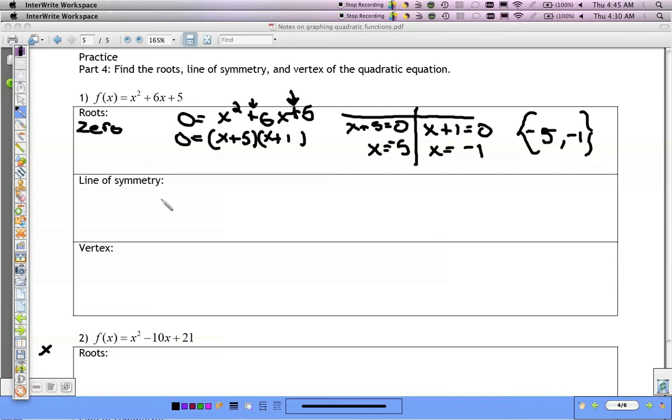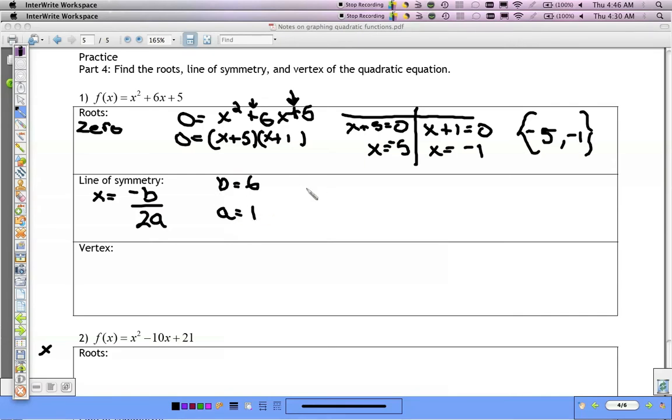Now I need to find my line of symmetry. So hopefully you remember the formula for the line of symmetry. Remember, that's a vertical line, so it's going to be written as x equals something. That's the line that goes right through the middle, right through the vertex. So it's going to be written as x equals, the formula again is negative b over 2a. b in this case is 6, and a in this case is equal to 1.